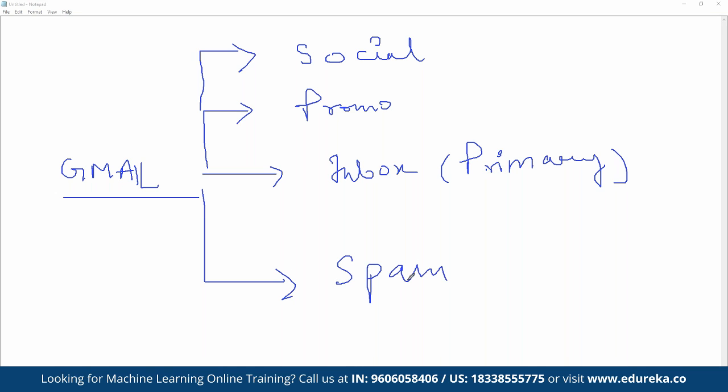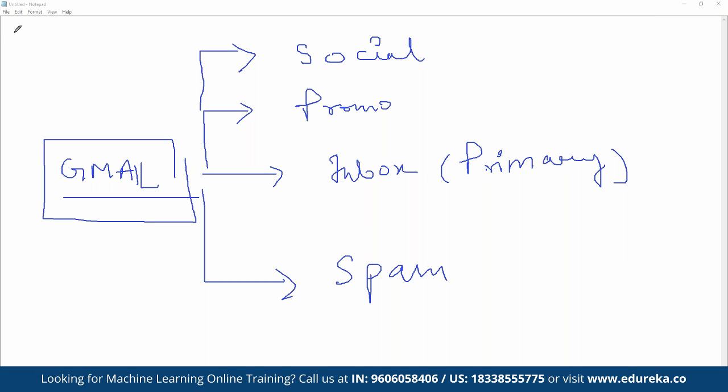So now for the emails, we don't have to define which email is going to be put under social, promo, primary, or spam. These things are automatically handled by Gmail itself. This is a simple example of the supervised learning method.